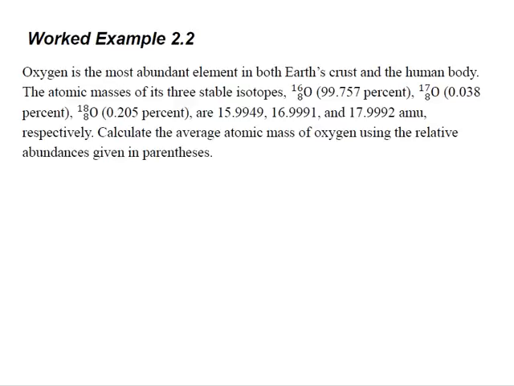Also listed are the relative percents. If we add all 3 of those percent values up, which I've just highlighted, that should come out to be 100. Calculate the average atomic mass of oxygen using the relative abundances given above.